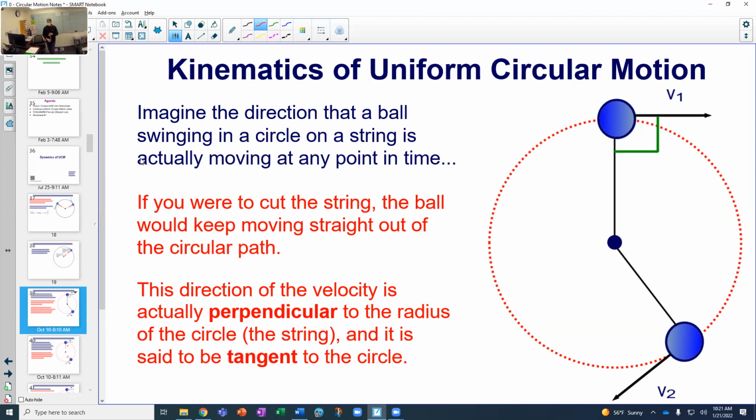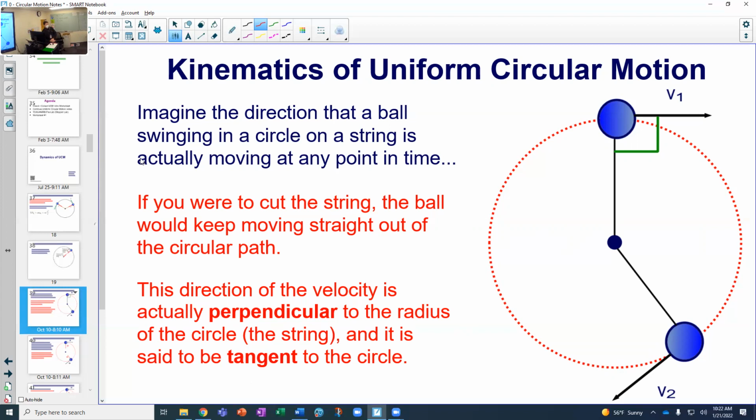And so are they equal? If they're equal, would the object keep going in a circle? Let me ask it another way. No. If they're equal, what's the net force? 0.